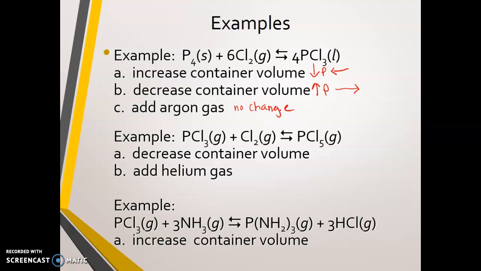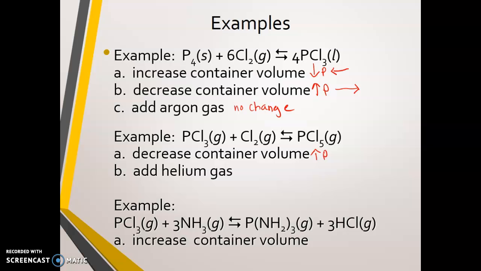The second example says PCl3 gas reacts with chlorine gas and produces PCl5 gas. The first change that we see is a decrease in the container volume. Well, decrease in container volume increases the pressure.